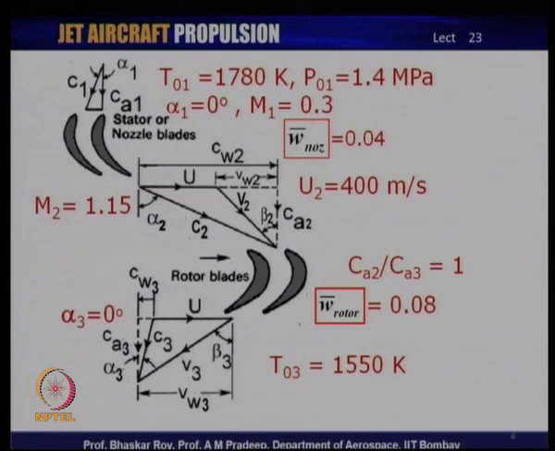This is what the turbine exists for, and the quantitative value prescribed here is 230 K. That is a pretty large number, and you would quickly notice that it is substantially higher than what you can get in terms of temperature rise in any compressor stage. So, these are the prescribed values for the problem that has been put in front of us. Let us go along and see whether we can complete the solution of this particular problem.